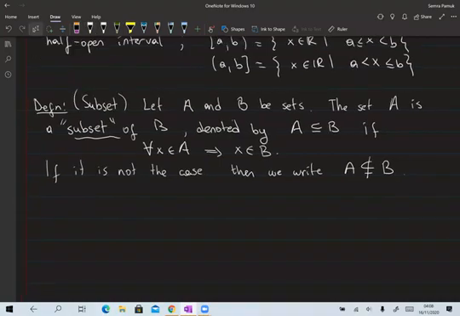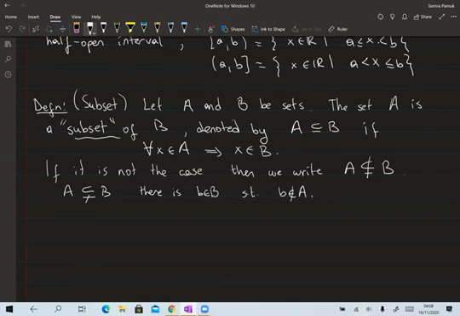Sometimes, if B strictly contains A, meaning there is an element in B which is not in A, then we write it like this. This means that there is some b in B such that b is not an element of A.